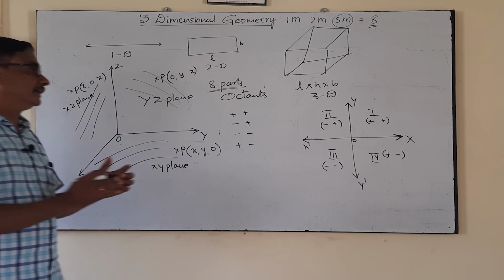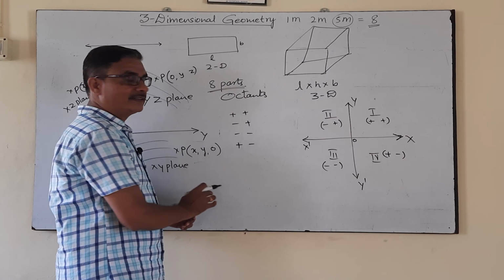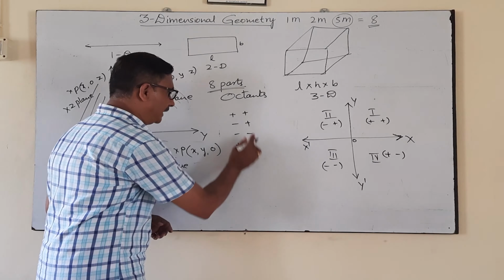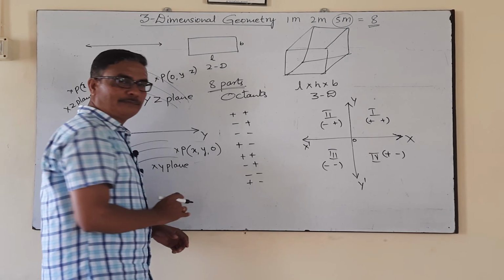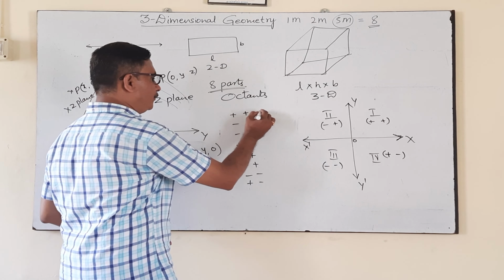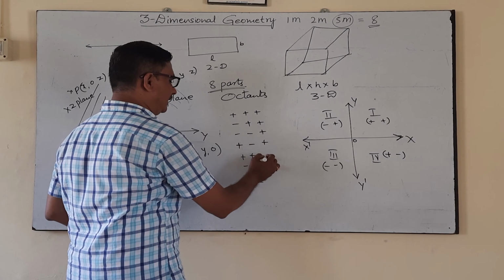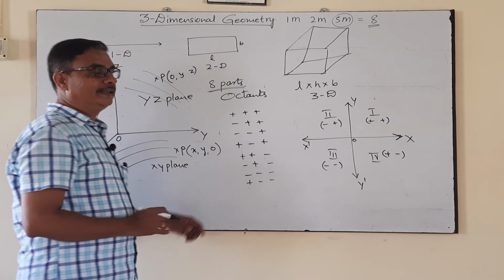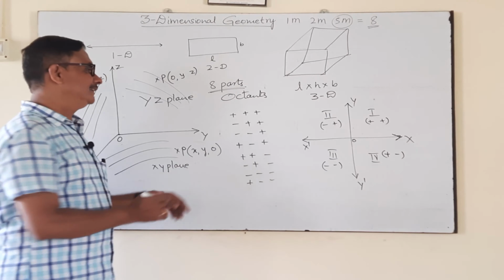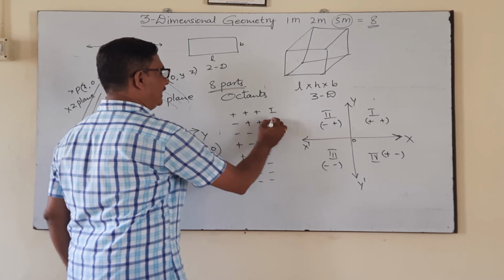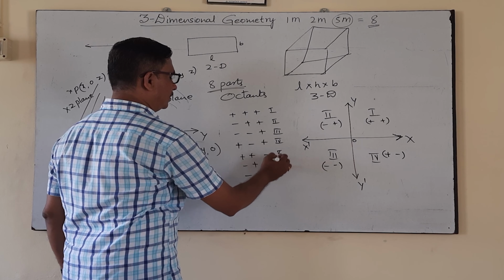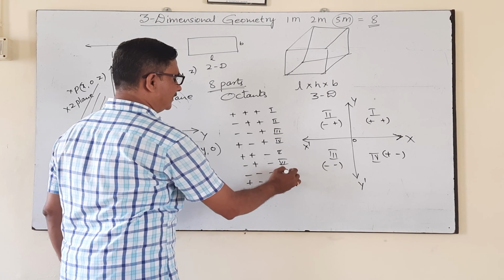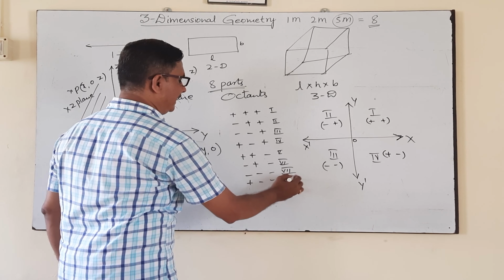Write the first 4 terms as they are, then copy the same 4 components again with a minus: minus, plus, minus, minus, plus, minus. The first 4 are positive sign, the other 4 are negative sign. We get 8 octants: first octant, second octant, third octant, fourth octant, fifth octant, sixth octant, seventh octant, and eighth octant.